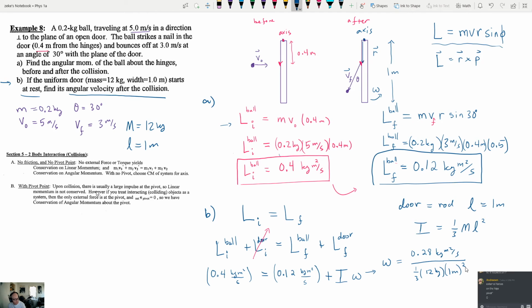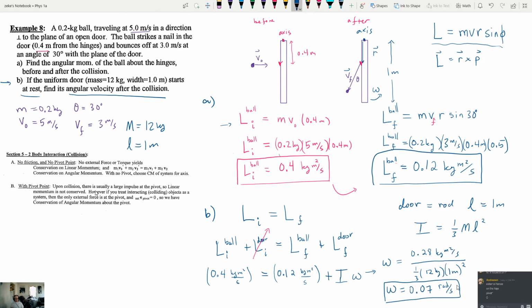And if we calculate that, oh, it's really easy to do. It's just 0.07 because it's basically 28 over 4. So our final answer is omega is equal to a very tiny number, 0.07, and the units for this automatically become radians per second because that's how we measure omega.